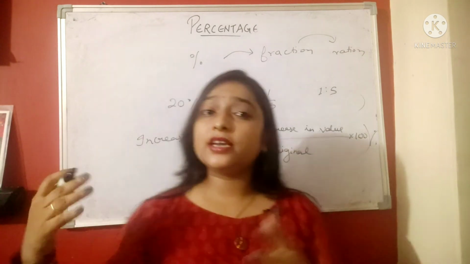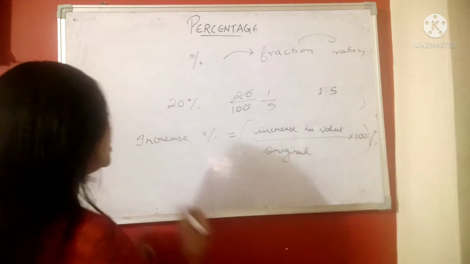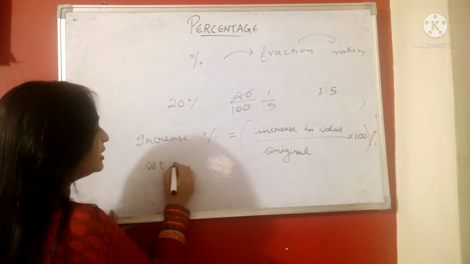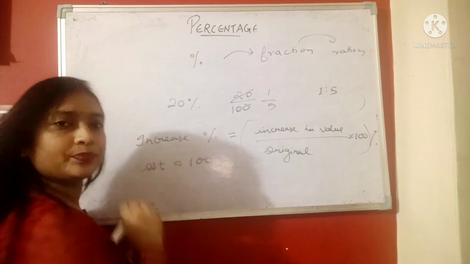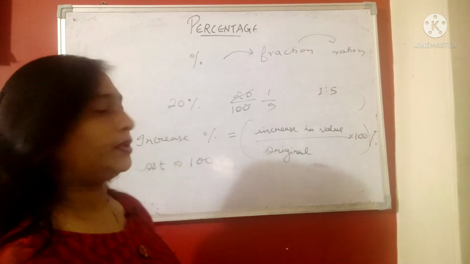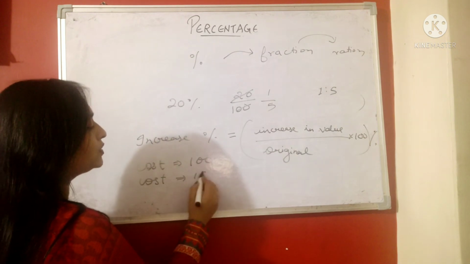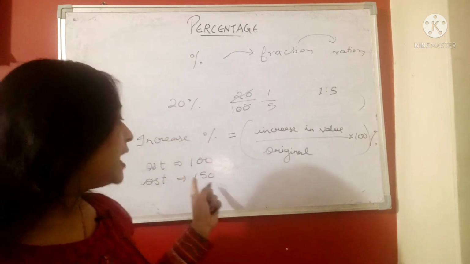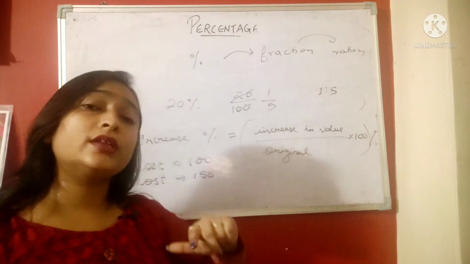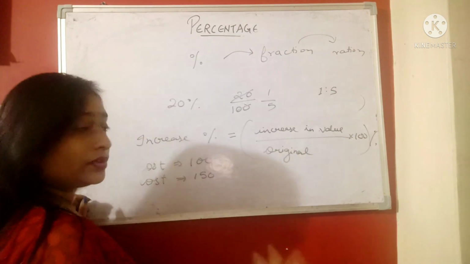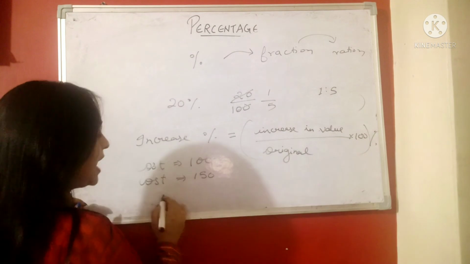If yesterday I went to the shop and the cost of some article was ₹100, and today I went to the shop again, the shopkeeper is saying that the cost is ₹150. Now the cost has increased. So what is the percentage increase? What is the increase in value?